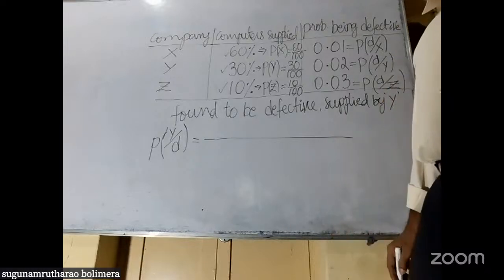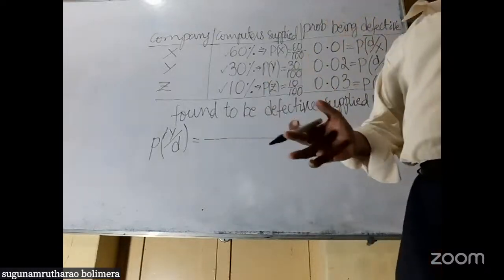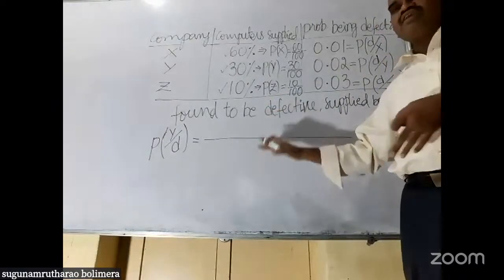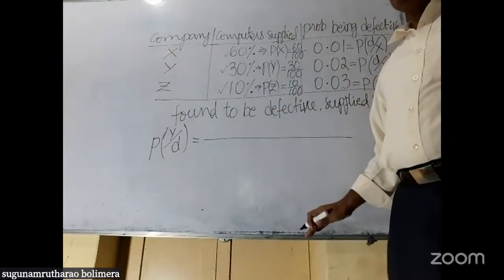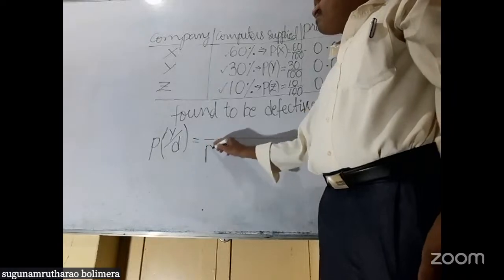So, the number of exhaustive events. Whenever we find probability, write favorable divided by exhaustive. What are the exhaustive events?